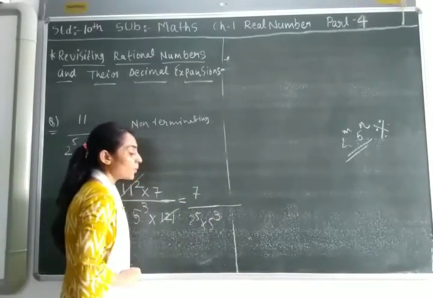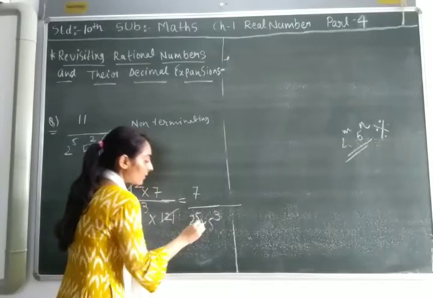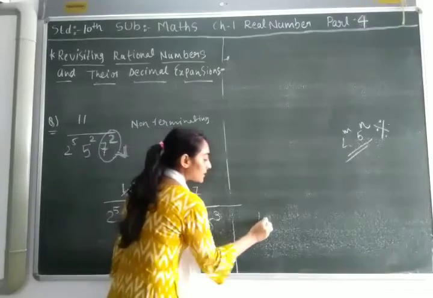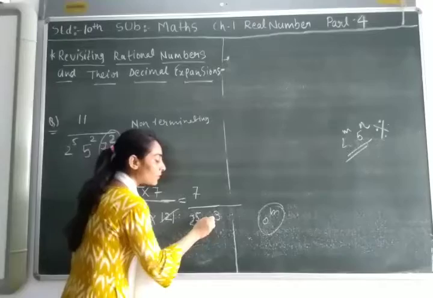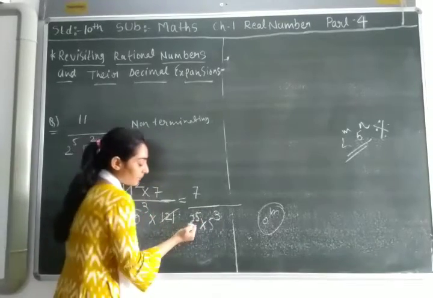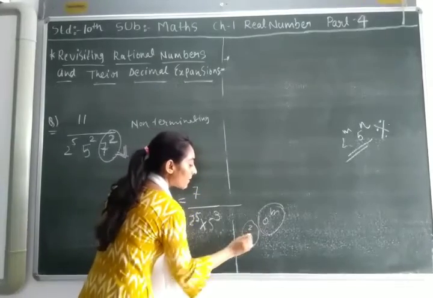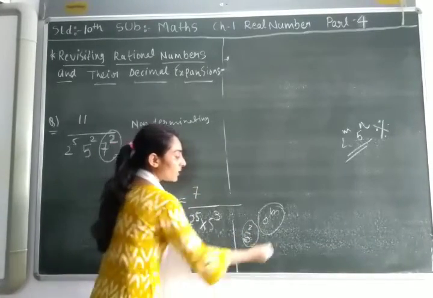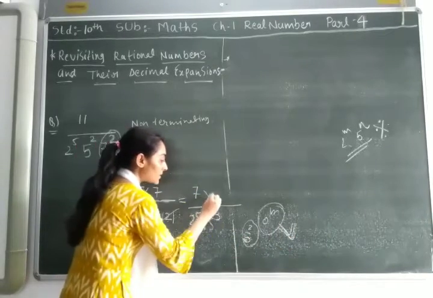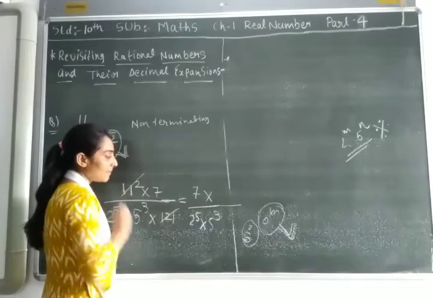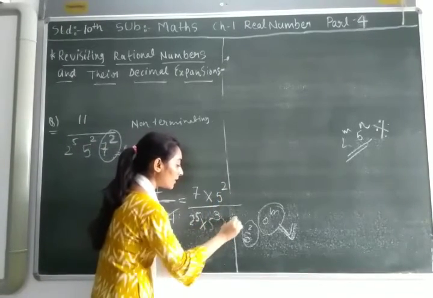Now look over here. A question might arise: ma'am, how can we write it as a 10th power, because we have 2 to the power 5 and 5 to the power 3. Here 2 to the power 2 and 5 to the power 2 remain. To get this answer, I am simply multiplying by 2 over here and 2 over here.